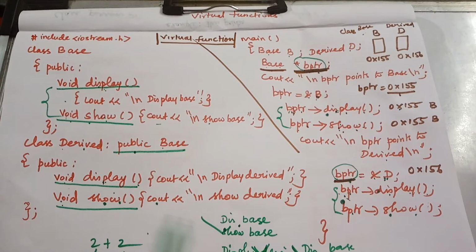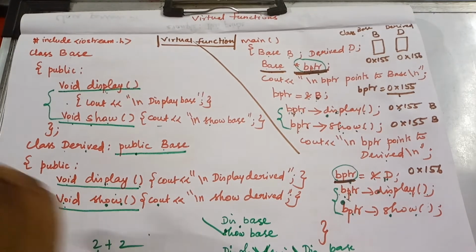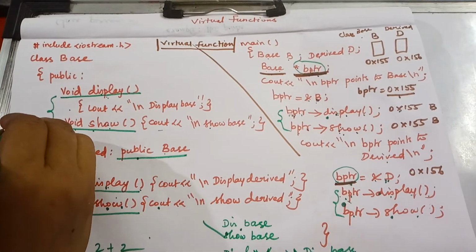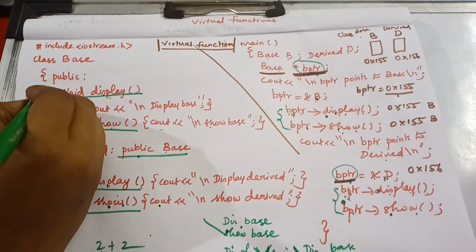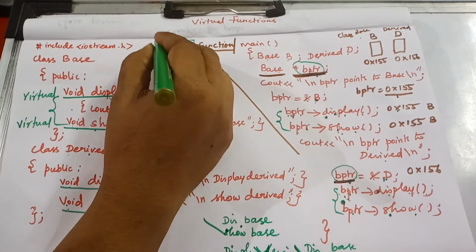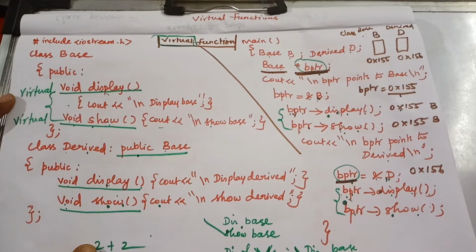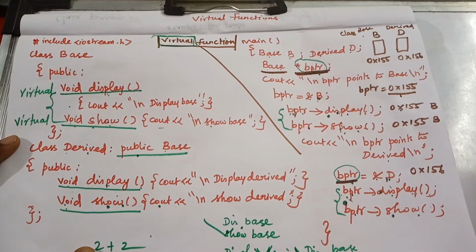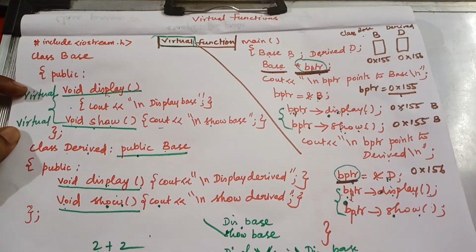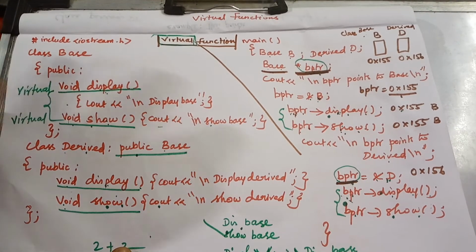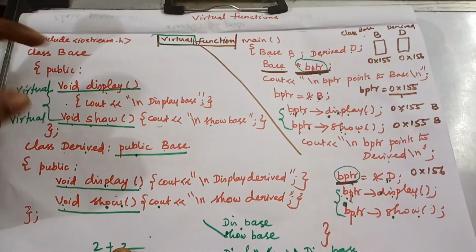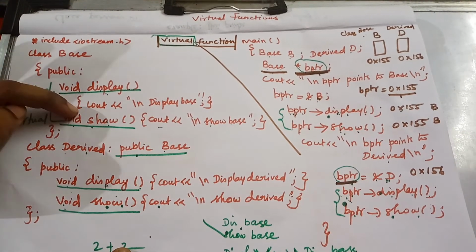What you have to do? So for this I have to use one keyword, virtual. I have to use one keyword virtual, correct? So that means it will not produce any duplicate. So whenever you are calling the member function for the base class, it will print only this.